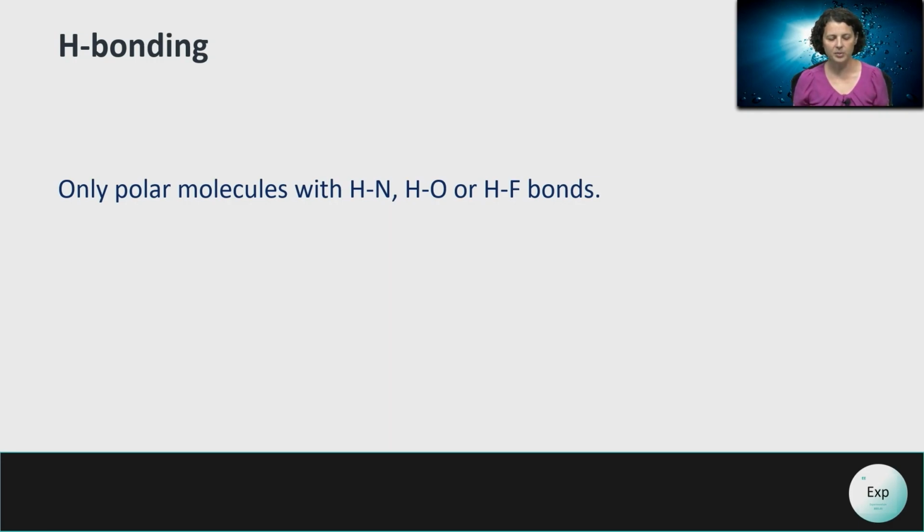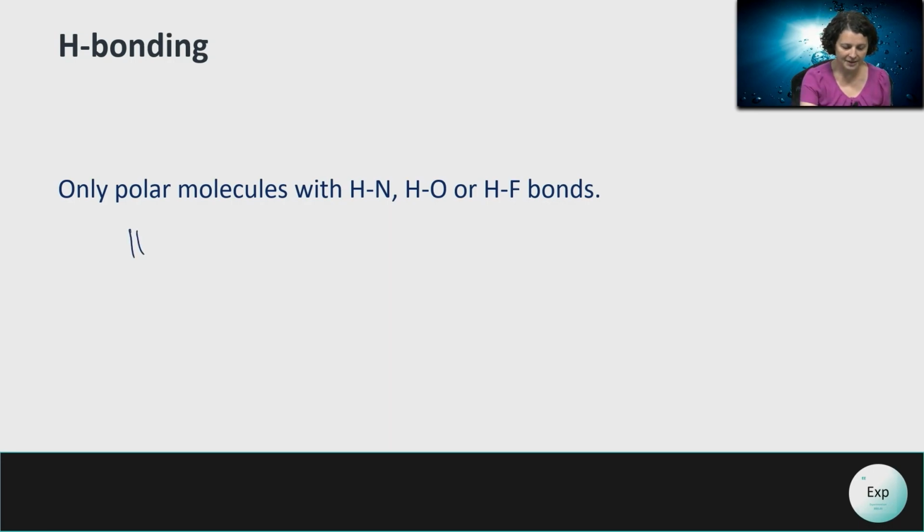This will exist between polar molecules, but not all polar molecules, only the ones that have a direct hydrogen-nitrogen, hydrogen-oxygen, or hydrogen-fluorine bond. And this includes a lot of biological systems, including DNA or proteins, where we have these nitrogen-hydrogen and oxygen-hydrogen bonds across chains.